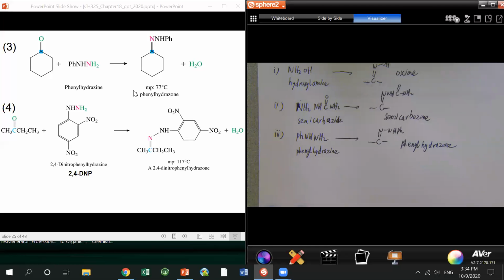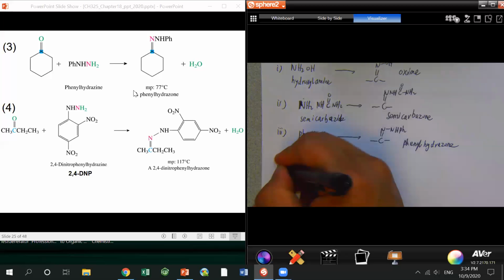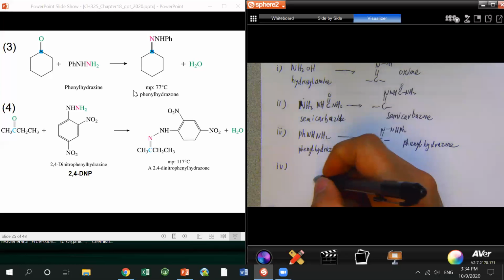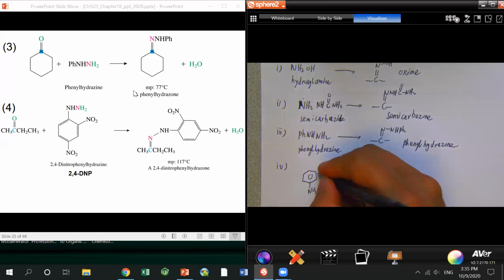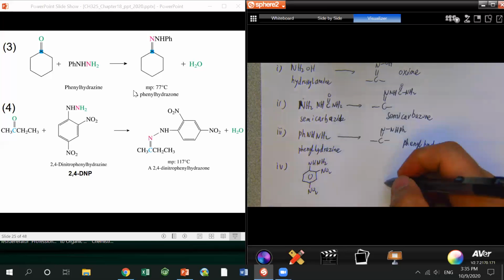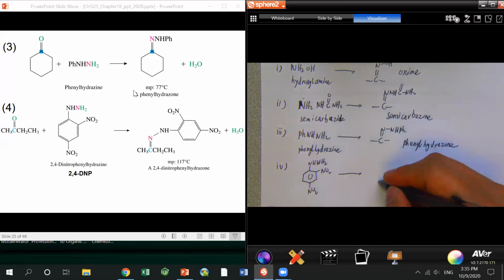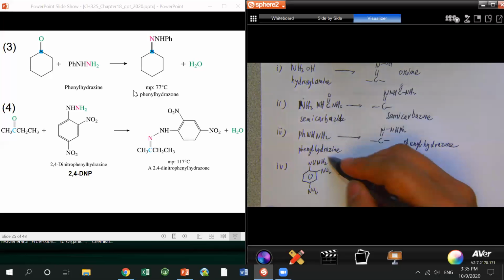The next one is the most complicated structure. It is called 2,4-dinitrophenylhydrazine. There's one nitro group at the para position and one at the ortho position, and then you have the hydrazine structure, NH2, NH2. This one reacts with the aldehyde or ketone. Don't worry about how bulky this product is.